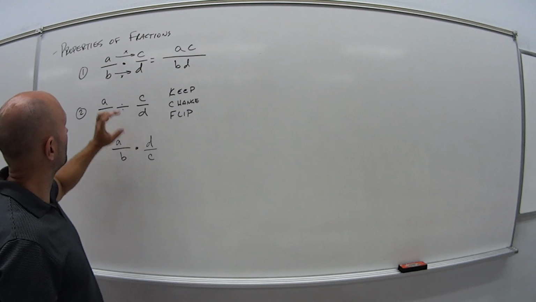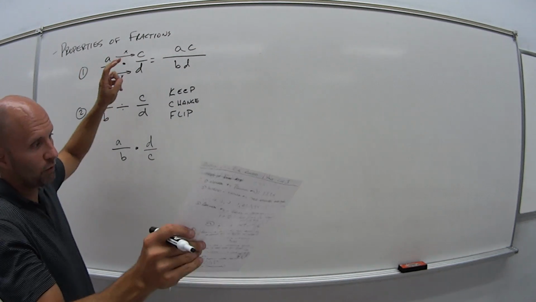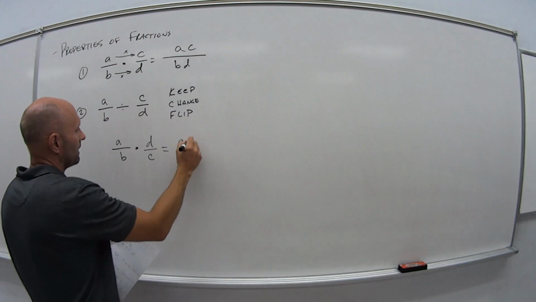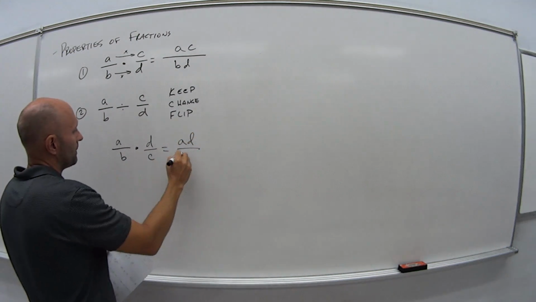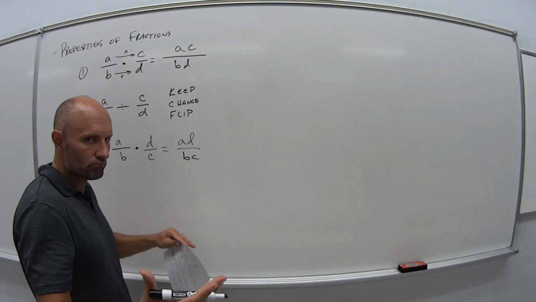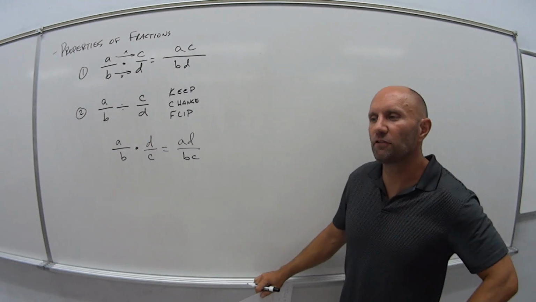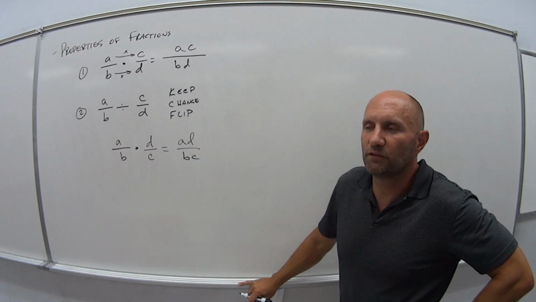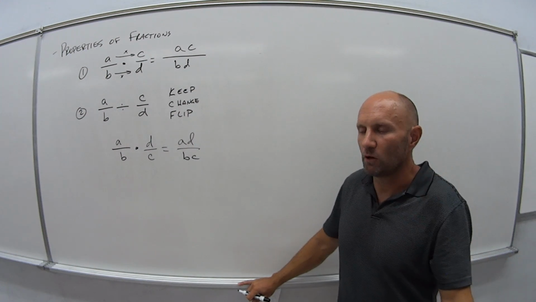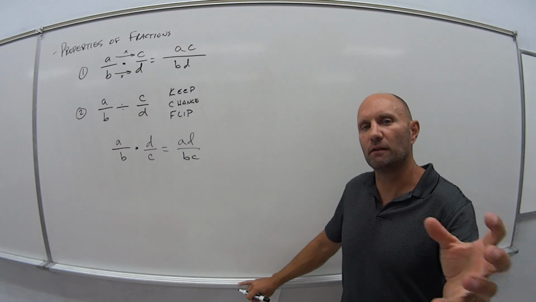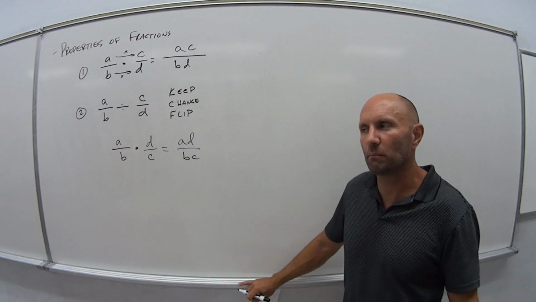Now what do I have? I have a multiplication problem, which I know is quote-unquote easy. All I have to do is multiply the top, A times D, multiply the bottom, B times C, and I'm done. So on the syllabus, and if you've seen any of my other videos, I talk about this quote, that the essence of math is to make complicated things simple, not simple things complicated.